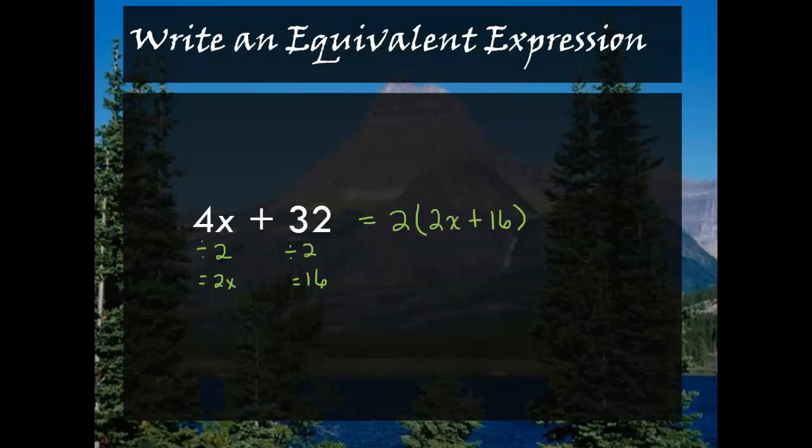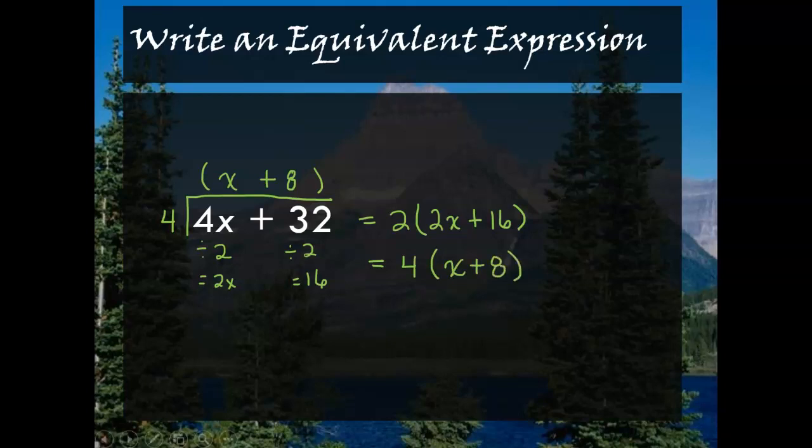However, that's not the only common factor. Both 4x and 32 can be divided by 4. When we divide 4x by 4, we get 1x, or just x, and 32 divided by 4 is 8. A second equivalent expression to 4x plus 32 is 4 times the quantity x plus 8.